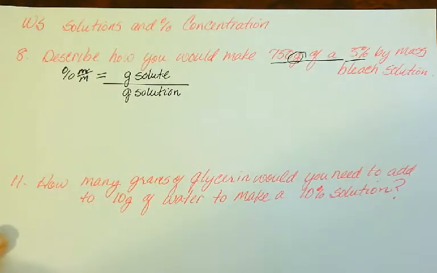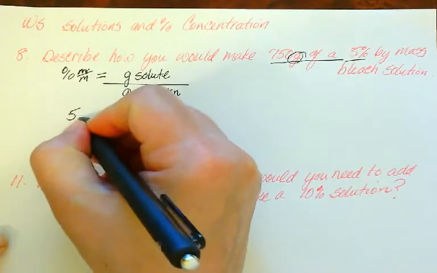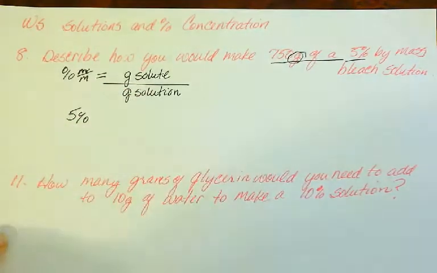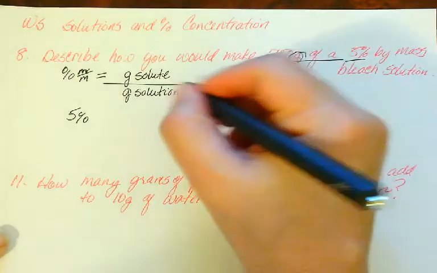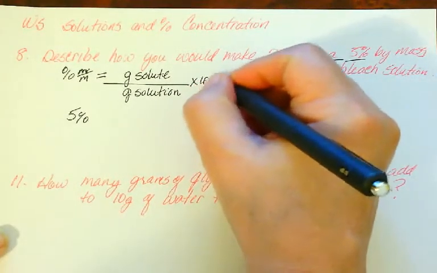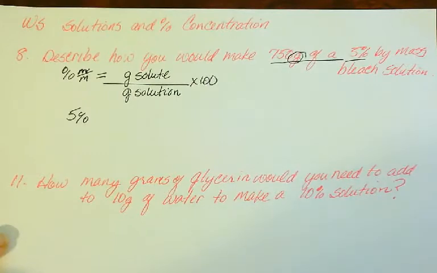So what is my percent? Well, I want a 5% solution. And this percent by mass typically would have times 100 to turn a normal ratio into a percent.